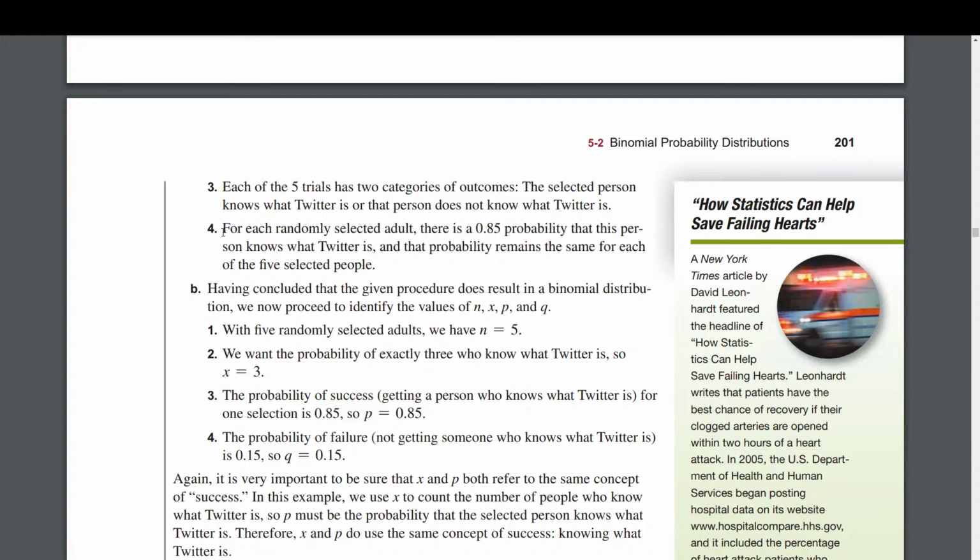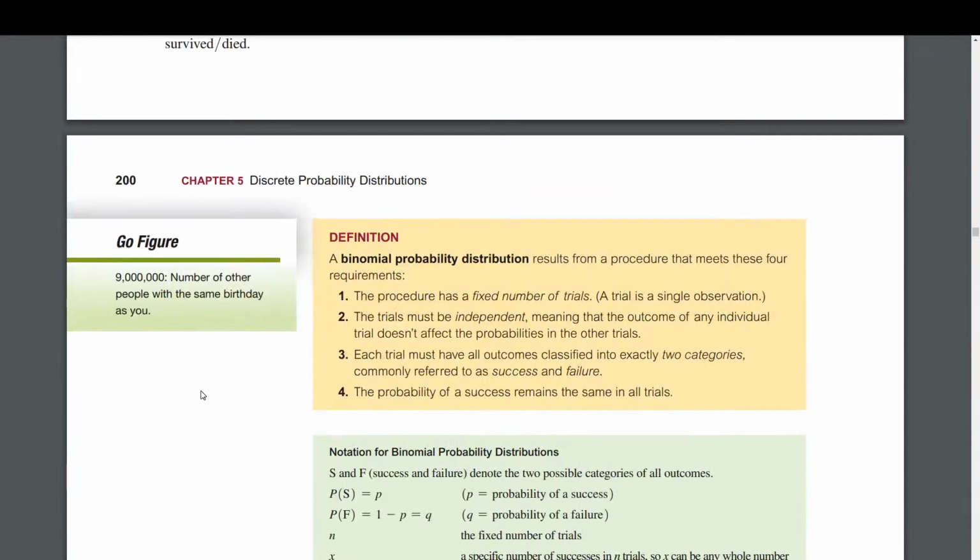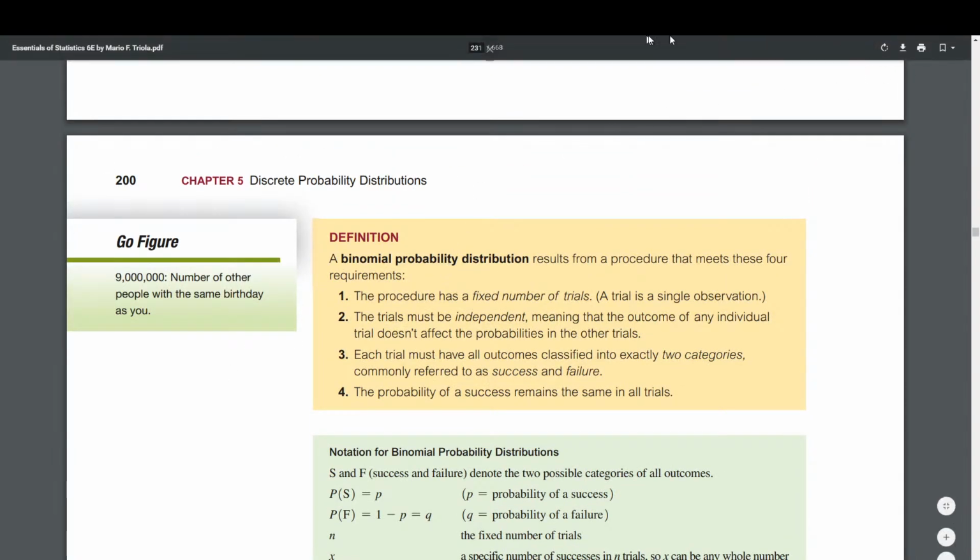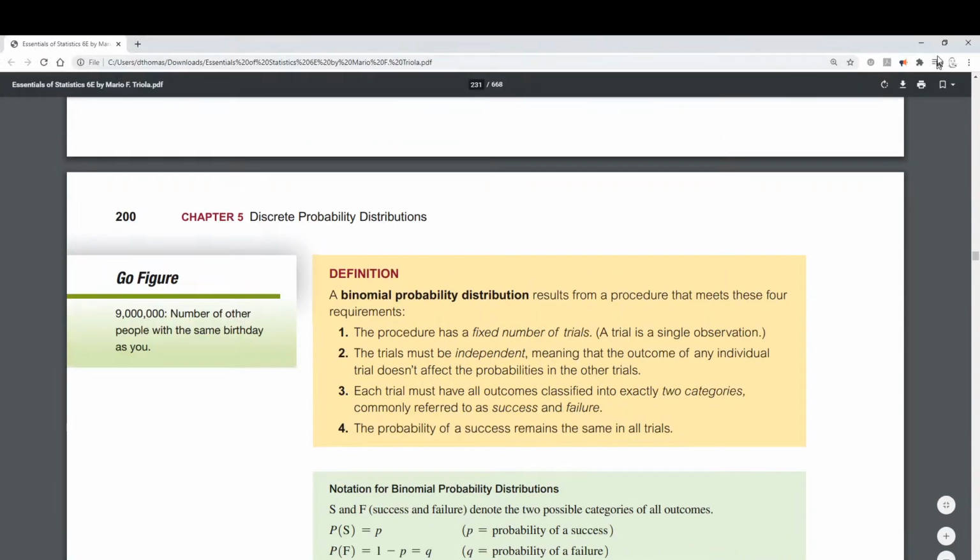And then the probability has to stay the same for every person, and it's 85% probability that the person knows what Twitter is. And if all 4 of those are satisfied, then yes, it is a binomial probability distribution. And that's kind of what we have here.